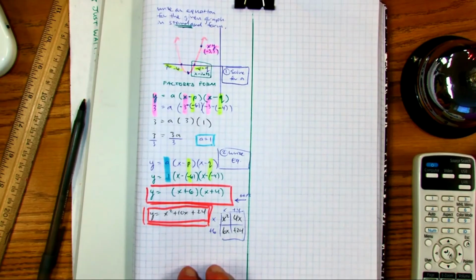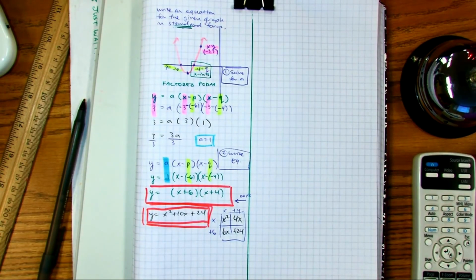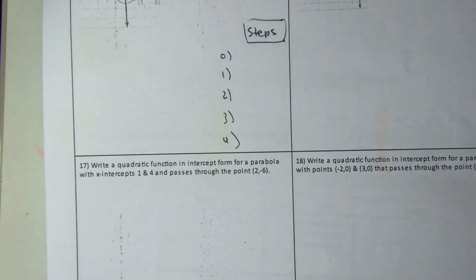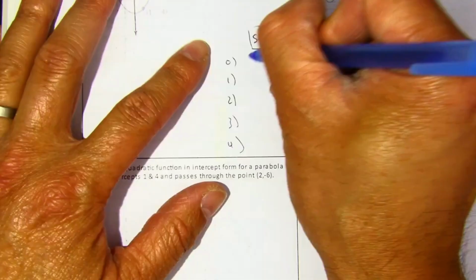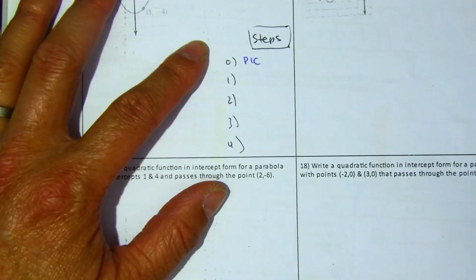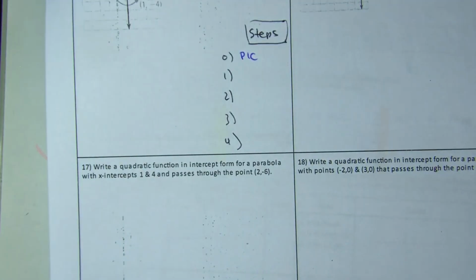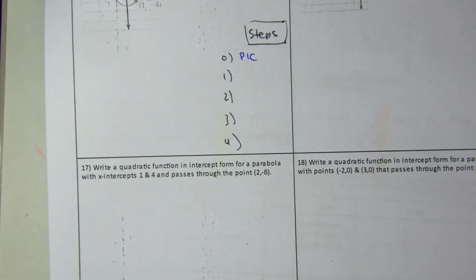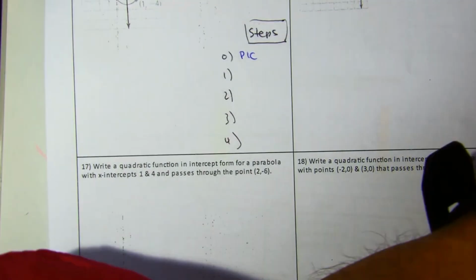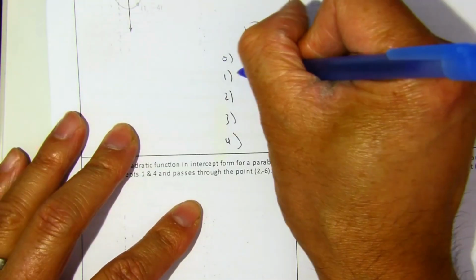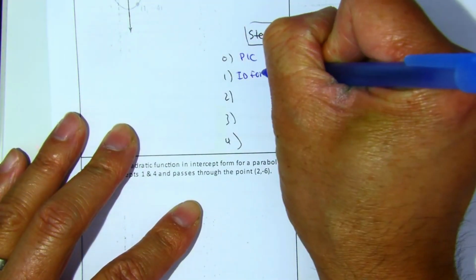Get your clues, pick a form, put it in, solve for A, and write an equation. Tristan, step 0: let's get a picture. Sophia, step 1: ID the form.